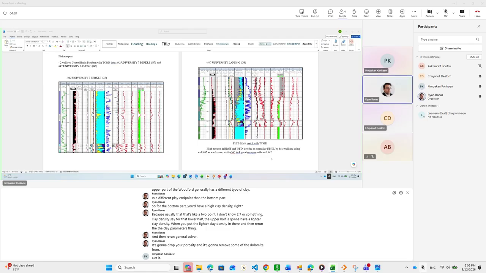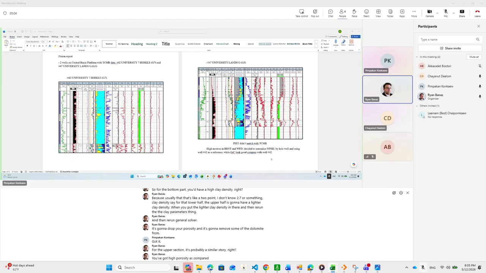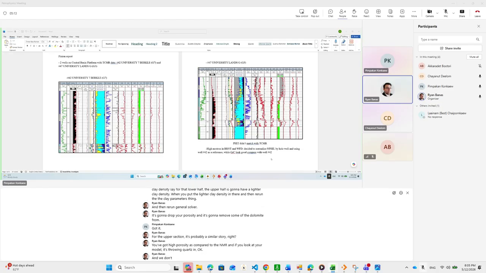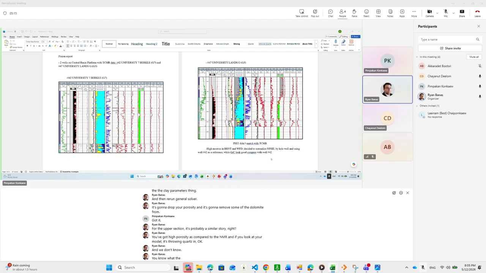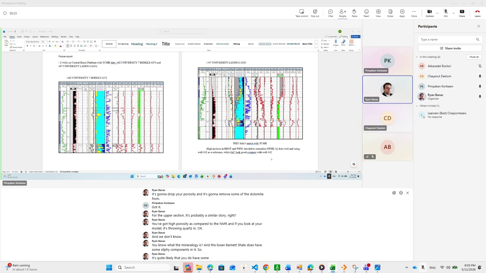For the upper section, it's probably a similar story. You've got high porosity as compared to the NMR, and if you look at your model, it's throwing quartz in. We don't know what the mineralogy is, and the lower Barnett Shale does have some silty components in it, so it's quite likely that you do have some quartz there.